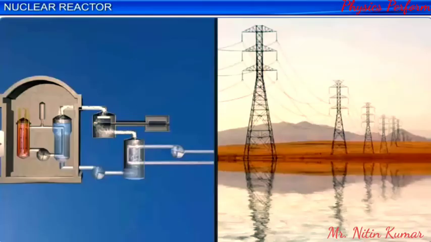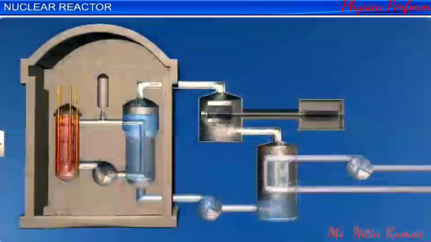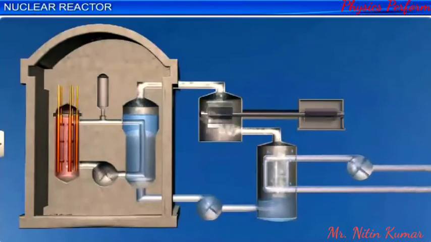In the reactor core, a lot of energy in the form of heat is released, which can be utilized for the generation of electricity. Water at high pressure or molten sodium is passed through the reactor core to withdraw the heat produced in the core. The material that is used to extract the heat out of the core of a nuclear reactor is called the coolant.